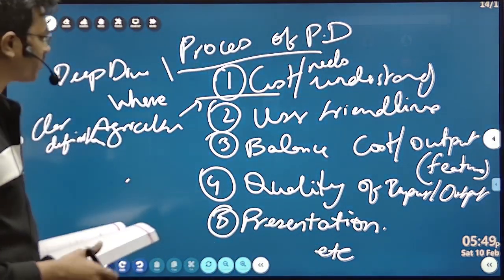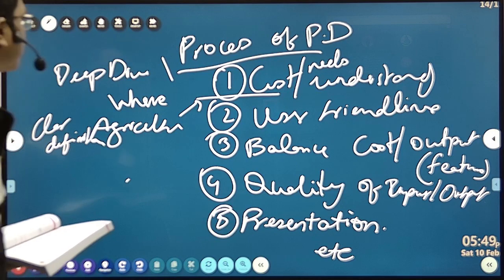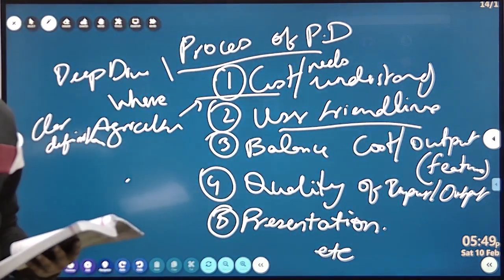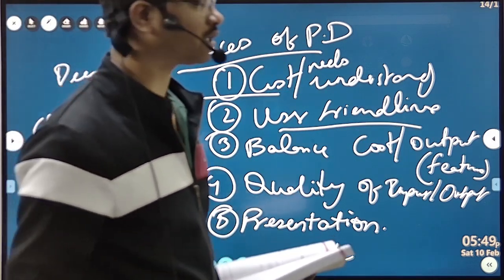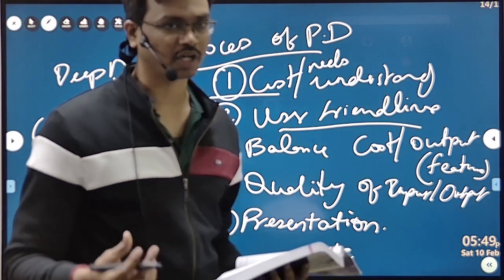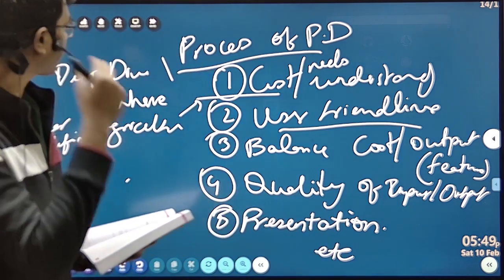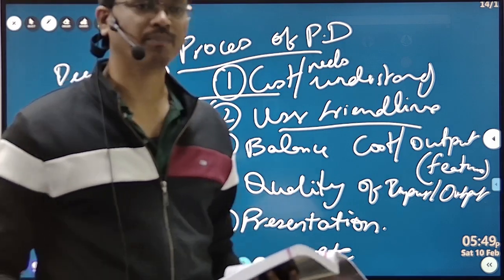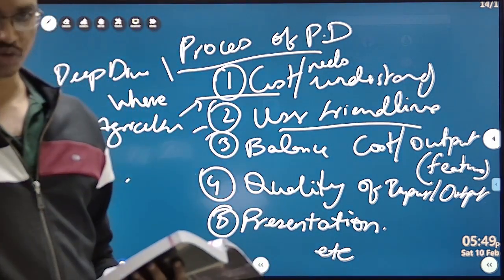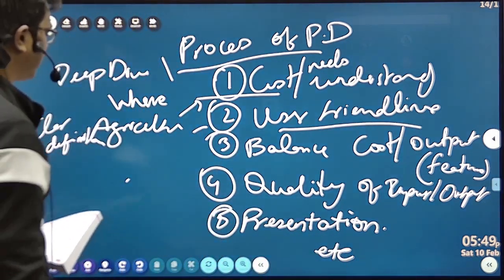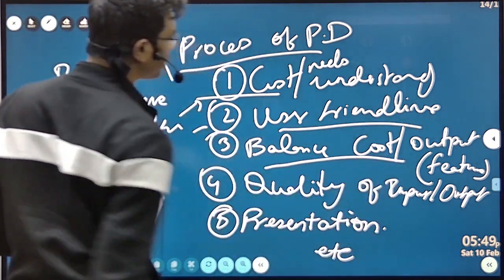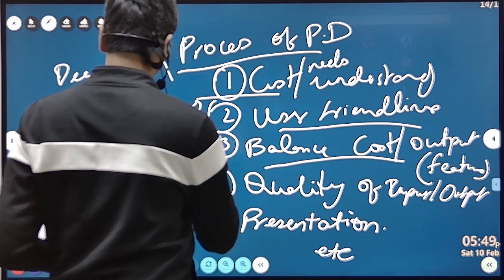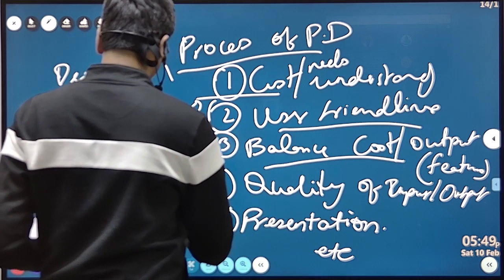Then whatever we develop, we have to aim for user friendliness, because if there is a lot of technical activity or hardship in using your product, it will not be used by the customer. You are creating a complex product for him, which is not very useful. So it should be user friendly, and it should always have a balance between your cost and price and what you are delivering.